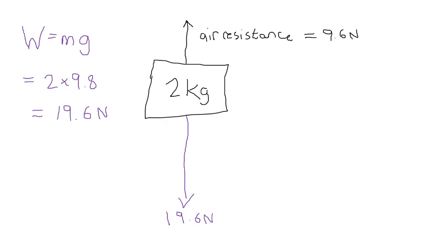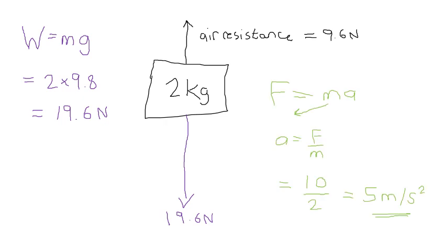And so now I'm going to apply my acceleration formula. If I rearrange it, whatever's on the numerator, you bring to the denominator when it goes to the other side, as long as you don't have any pluses or minuses, that always works. And we've got acceleration equals force over mass. So I take my resultant force of 10 newtons divided by my 2 kilograms, giving me an acceleration of 5 meters per second squared.